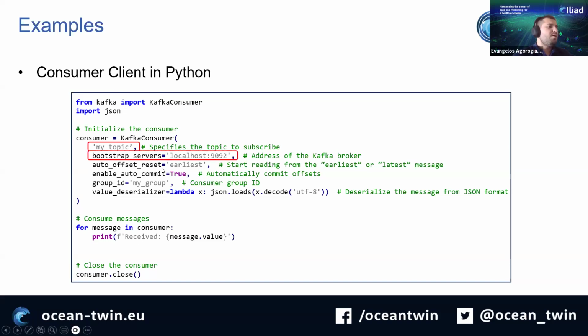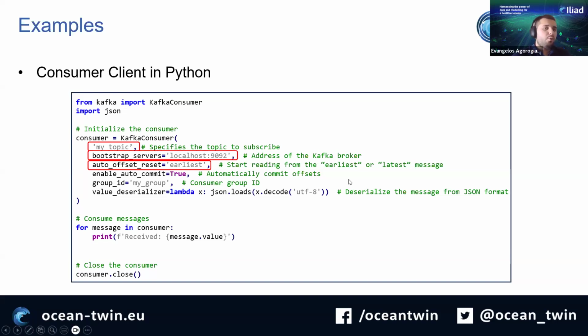We also have the bootstrap servers for the address of the Kafka broker. We have another configuration, which is the auto offset reset. This configuration controls the behavior of the consumer. It has two values, earliest and latest, and the default value, if you don't add this configuration, is latest.